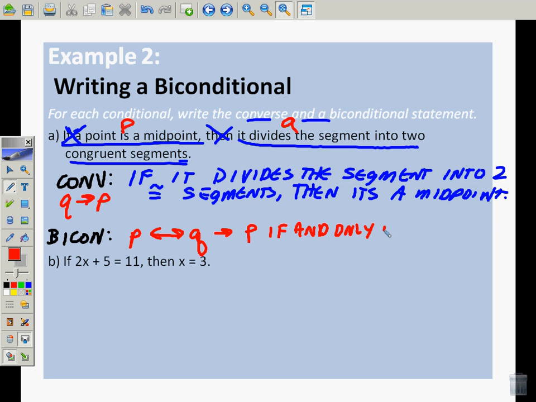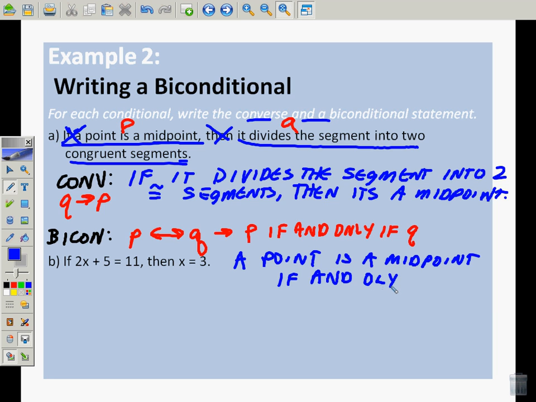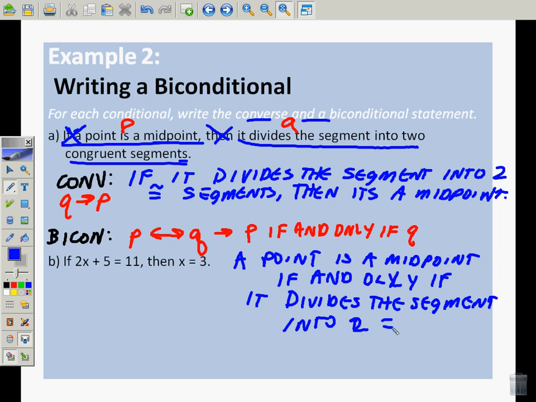So let's write it. A point is a midpoint if and only if it divides the segment into two congruent segments. Okay? So a point is a midpoint if and only if.